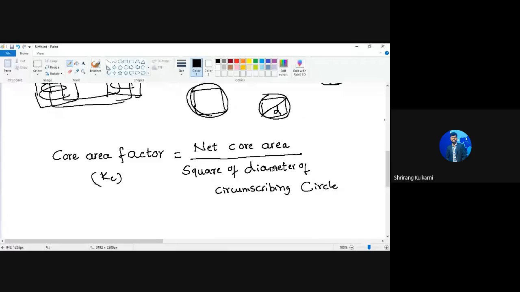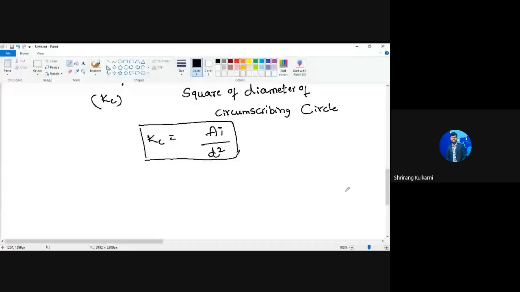Net core area is Ai. Square of diameter of circumscribing circle is D squared. So Kc is equal to Ai by D squared. It is Ai divided by square of diameter of circumscribing circle.